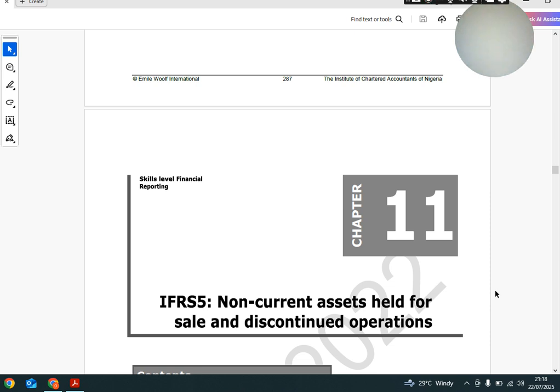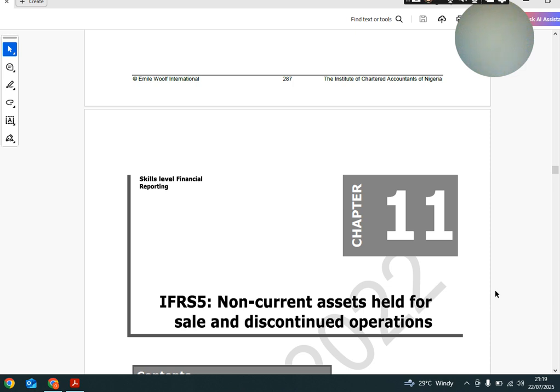IFRS 9 does that. So these are the limitations, the scope, what the standard covers and what the standard does not cover, right? This standard covers only assets held for sale, right?